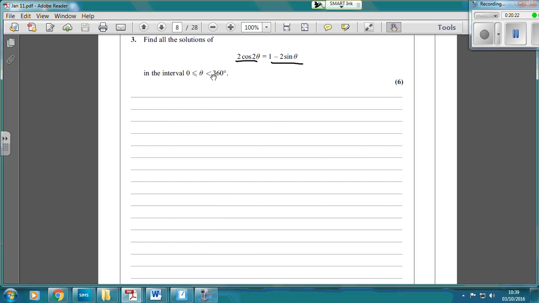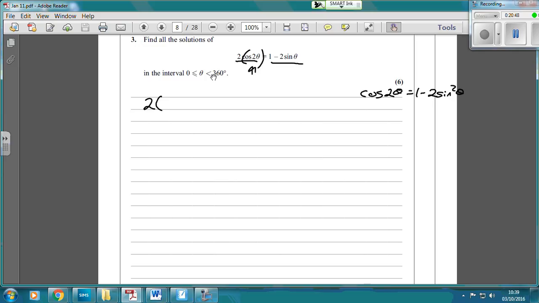Now with the cos 2 theta, there are 3 different things that you can expand that to: cos squared minus sine squared, 2 cos squared minus 1, or, in this case, 1 minus 2 sin squared theta. So we're going to substitute that in here. That way, we're going to have numbers, sin thetas and sin squared thetas.